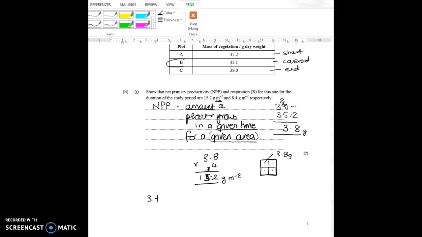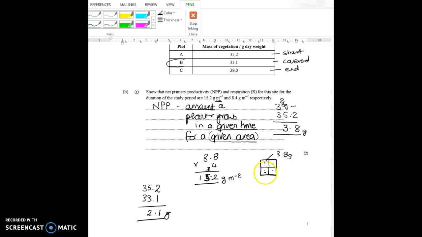And we know that if it had not, the amount that it lost in that time is the amount due to respiration. So 33.1 and 35.2 is what it started out at. So it's like the graph went on a diet. Okay, so subtract, we get 2.1 grams that it lost. It was burning up its fuel, it burned up 2.1.